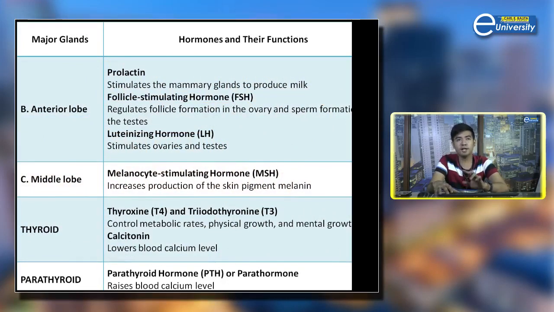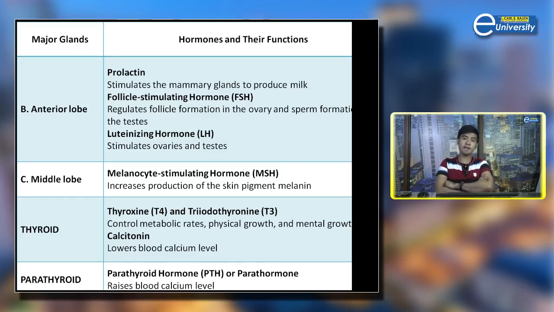Another secretion of the anterior lobe is prolactin. Prolactin stimulates the mammary glands to produce milk. So lac means milk. The follicle stimulating hormone or FSH regulates the follicle formation in the ovary and sperm formation in the testes.